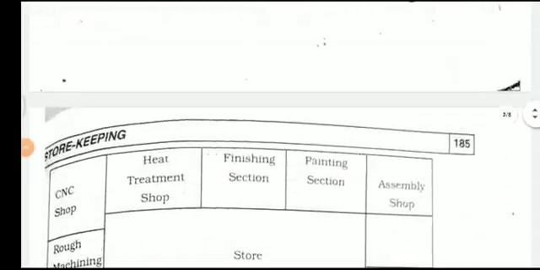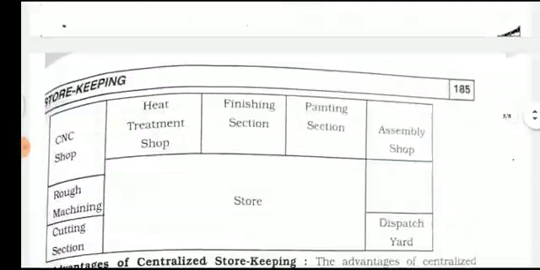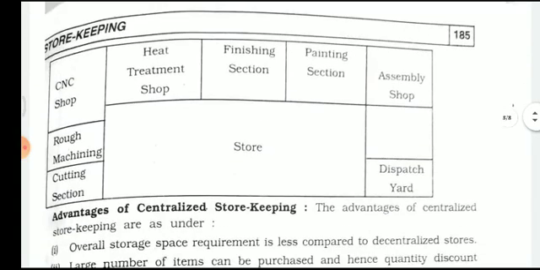So both centralization and decentralization have their own specific criteria to be selected. If the company's departments or manufacturing units are nearest to each other, then it should be kept as one central storekeeping, so it is easy to maintain.